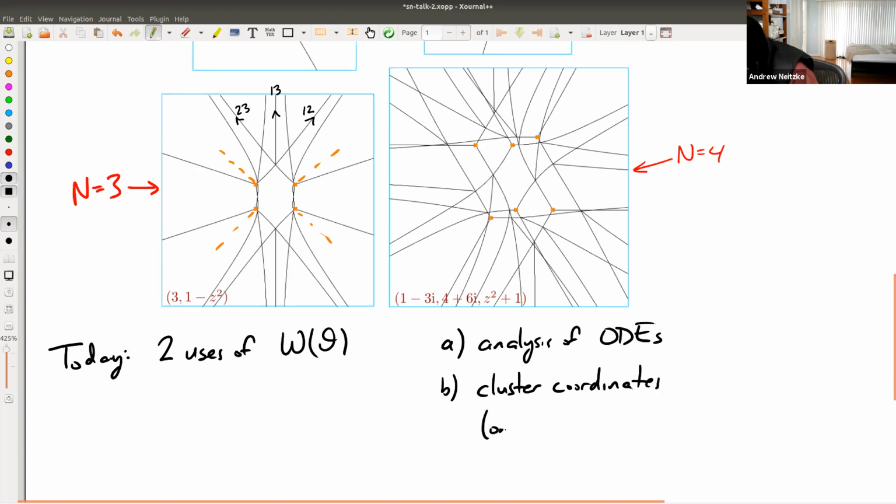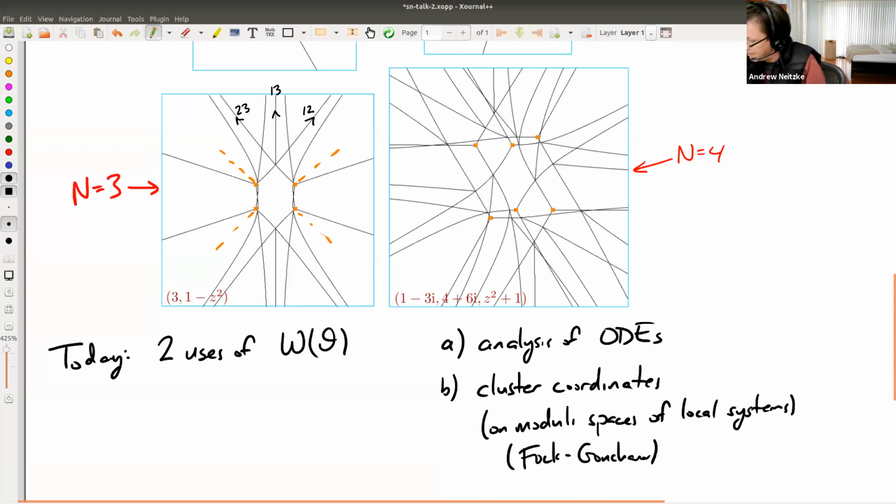But they're going to be cluster coordinates on moduli spaces of local systems, so a la Goncharov. And of course, these two things are somehow connected, because an ODE, when you look at the solutions of an ODE, gives you an example of a local system.